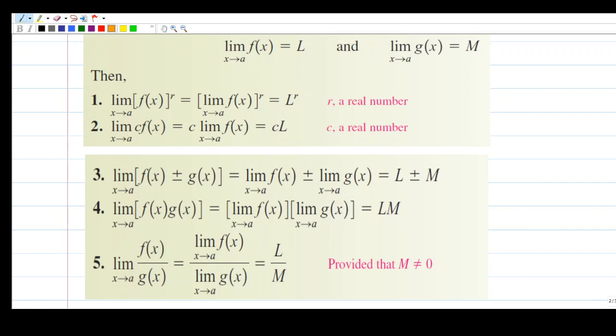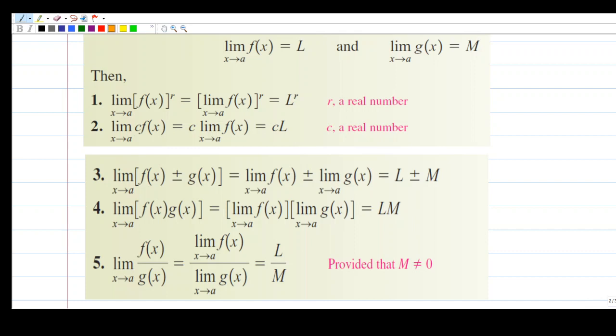property of limits indicates. The 5th one, the limit of a quotient, right? A function of a quotient where you've got a numerator and a denominator. You're taking the limit as x approaches a. It's the same as taking the limit of the function in the numerator as x approaches a and dividing by the limit of the function in the denominator as x approaches a.